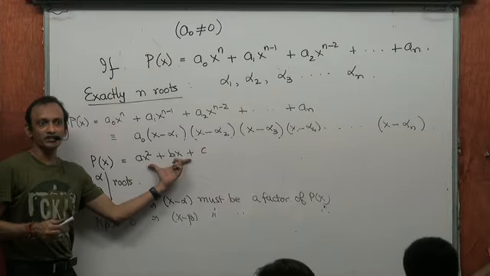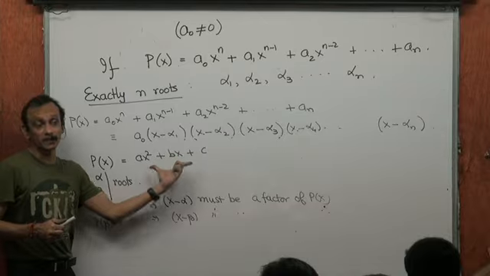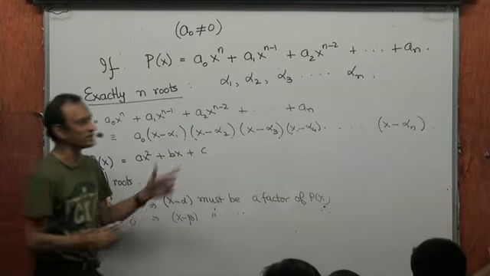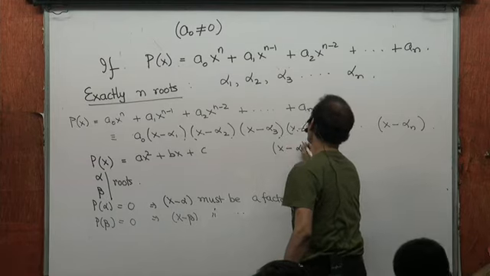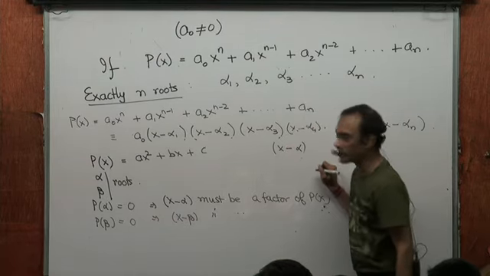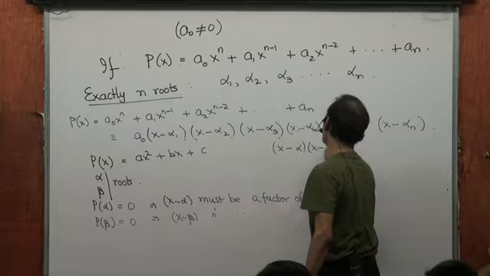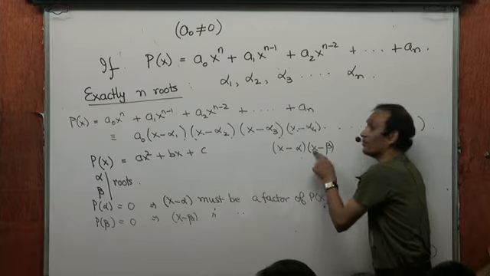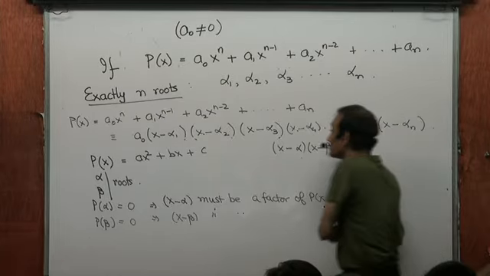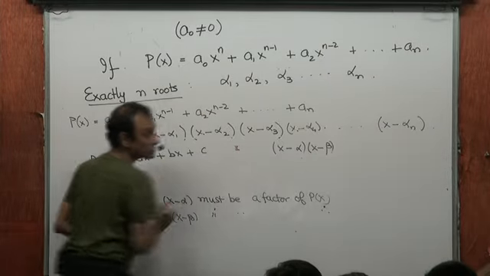Now if I choose to factorize this, given that alpha beta are the roots of this, then I know that x minus alpha must be a factor of this expression, and x minus beta must be a factor of this expression. That's why this expression vanishes at x equal to alpha and x equal to beta. But is this identically equal to this?